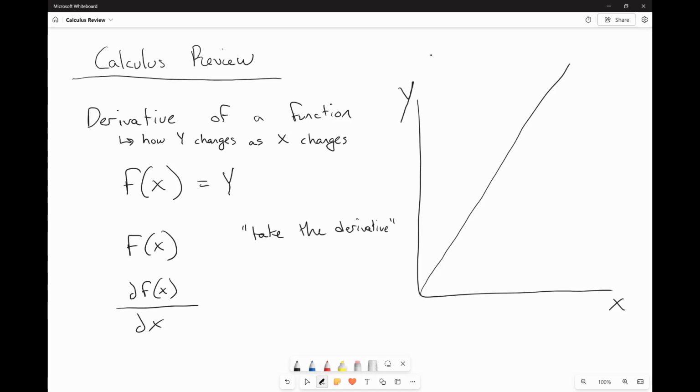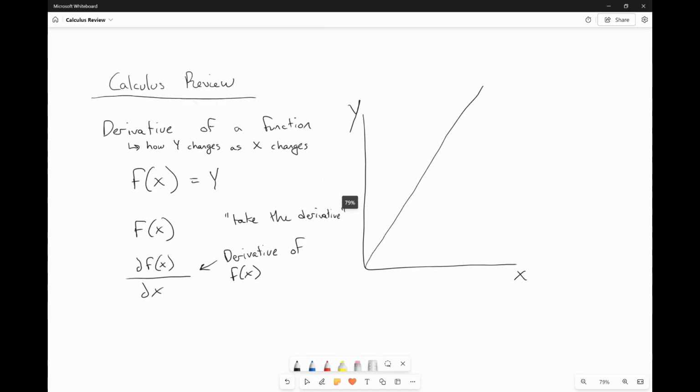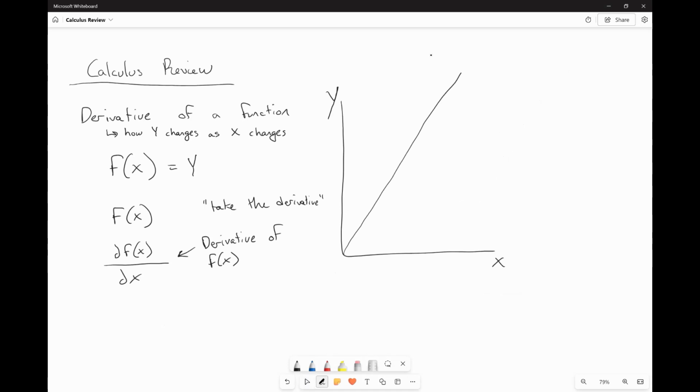So it's delta f of x divided by delta x. This is the notation for a derivative. This is the derivative of f of x, and the derivative of f of x tells us how f of x changes when x changes.